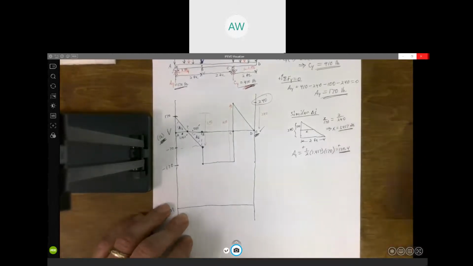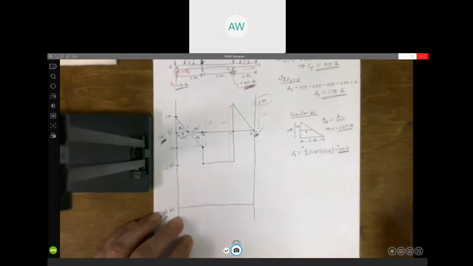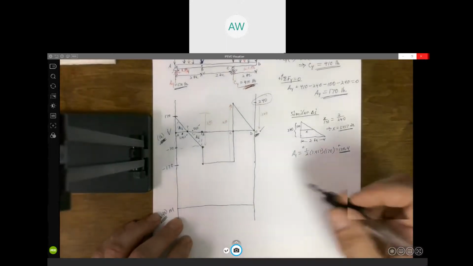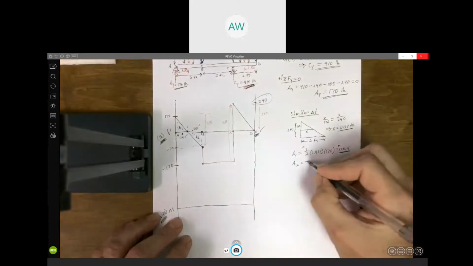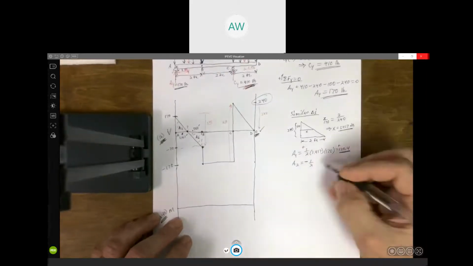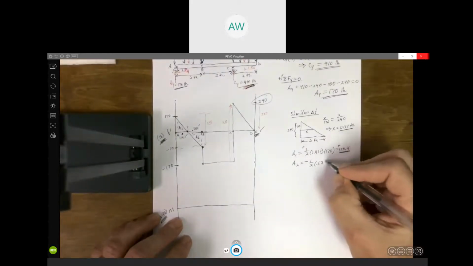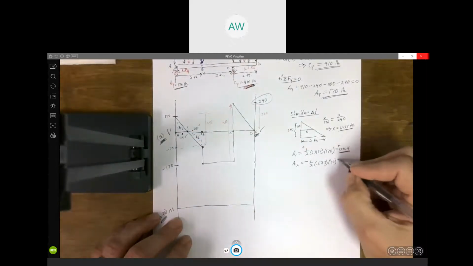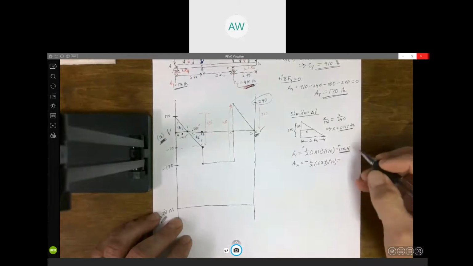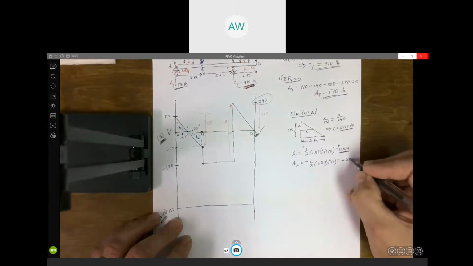Again, it's positive. That's how far it's going up. Let's go ahead and calculate A2 while we're at it. Now, it's negative. Again, it's a triangle, 1/2 base times height. Here the height is 70. So this comes out to be negative 20.4.